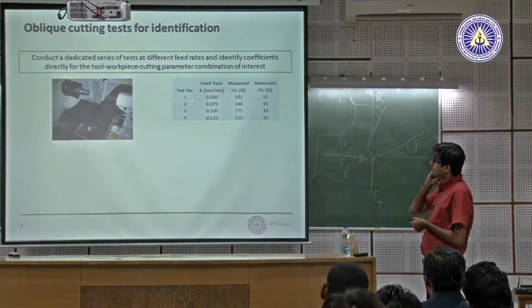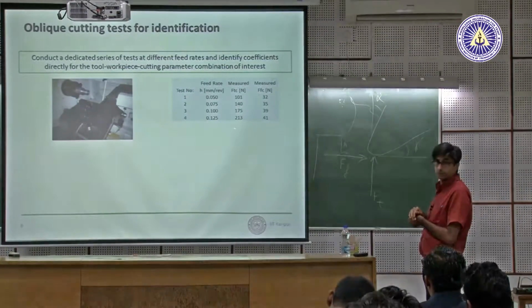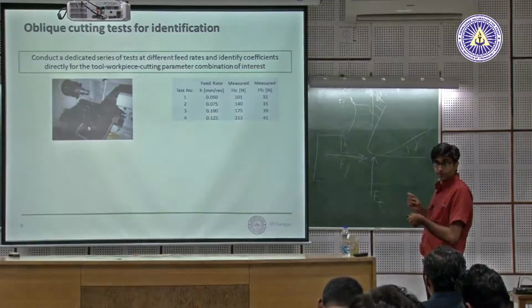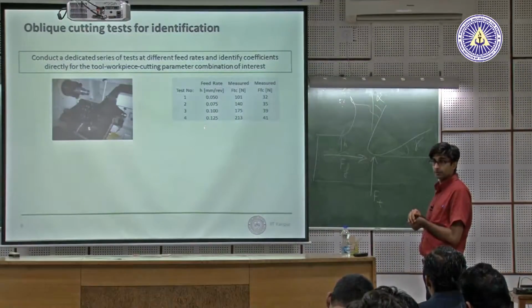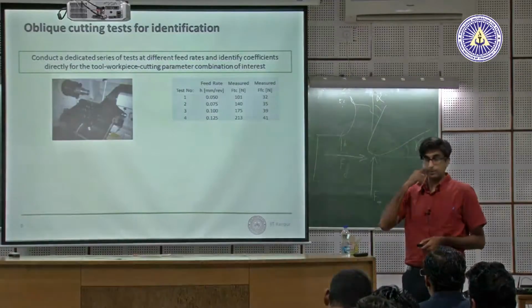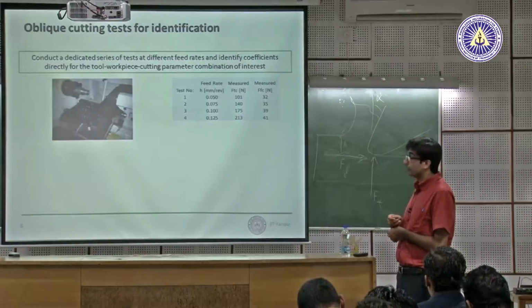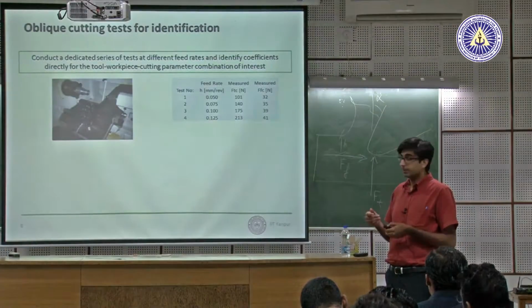We'll run different experiments at different feeds, and we'll measure forces. So the only parameter we are changing is feed. We'll keep a constant depth of cut, one fixed spindle speed or cutting speed, and we'll change feed rate, and we'll now see how to identify these coefficients from these experiments.